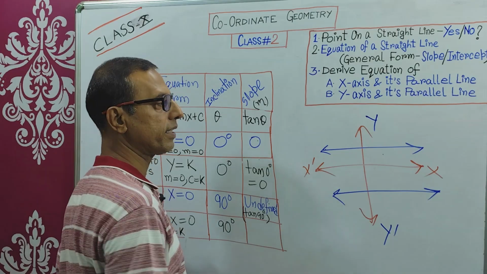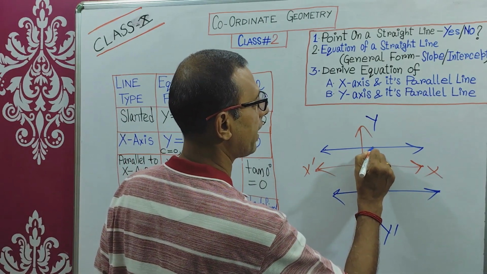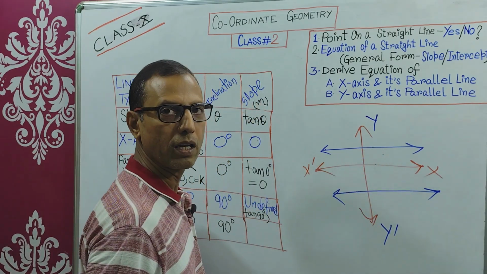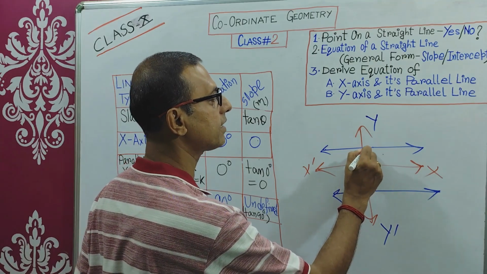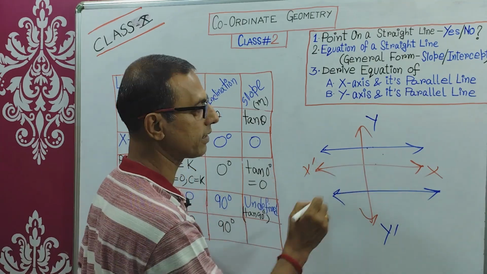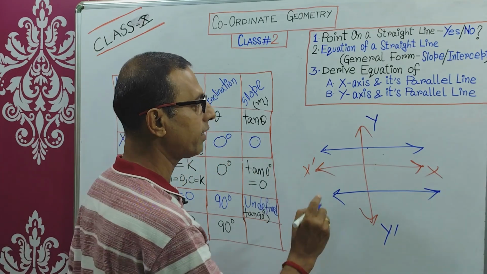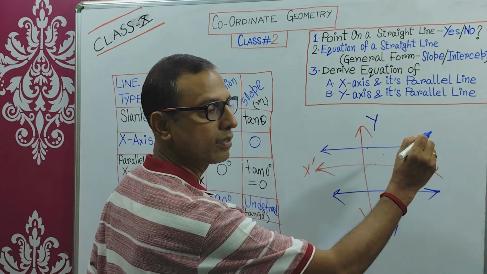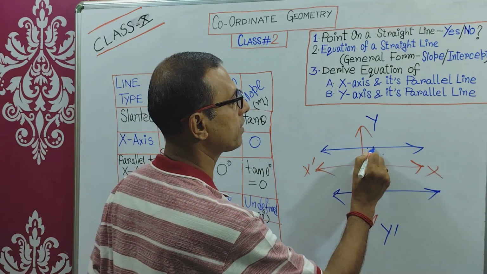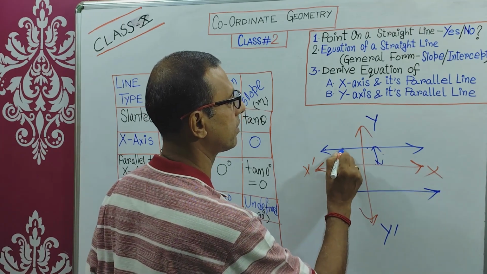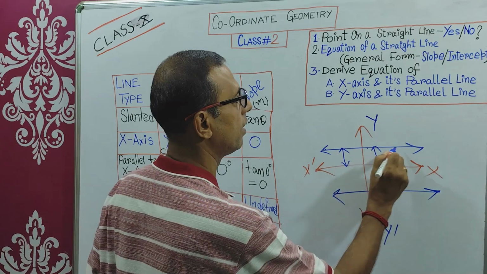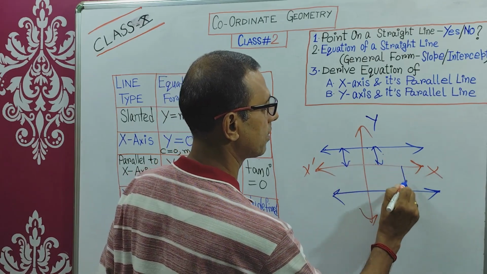What does parallel to the x-axis mean? The distance from the x-axis will be equal. That means it is intersecting the y-axis and therefore the y-intercept is there, but across the line the intercept is always equal. Here also the same distance, here also the same distance.